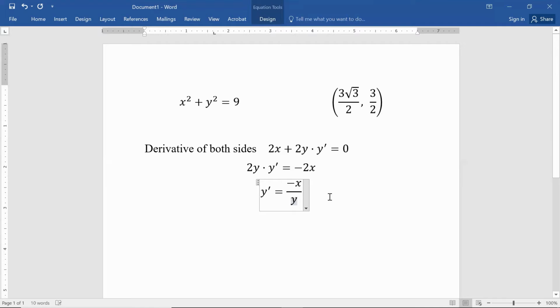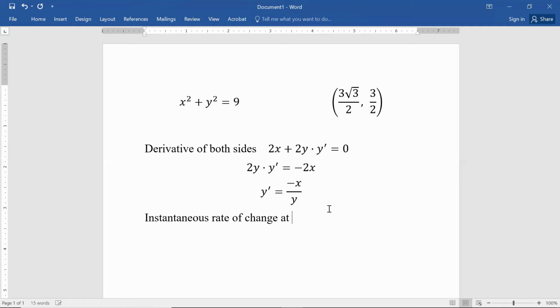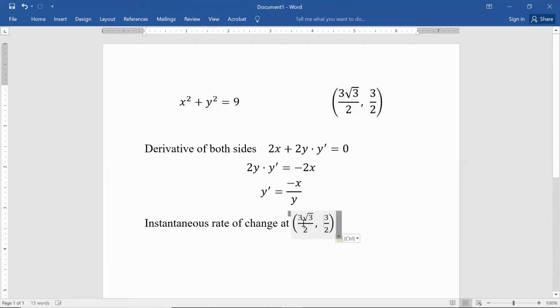So this equation gives me the instantaneous rate of change at a given point. So the instantaneous rate of change at this point here can be obtained by just plugging that point in to my y prime equation. So we have y prime is equal to negative x over y.